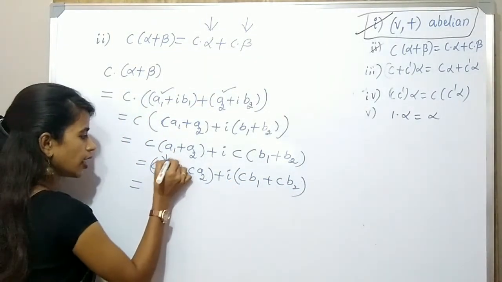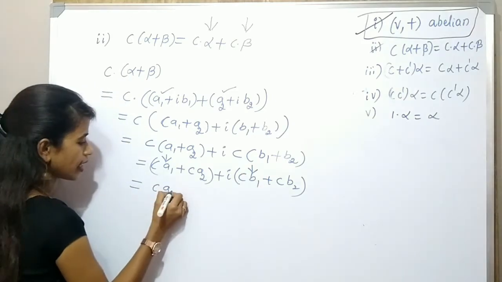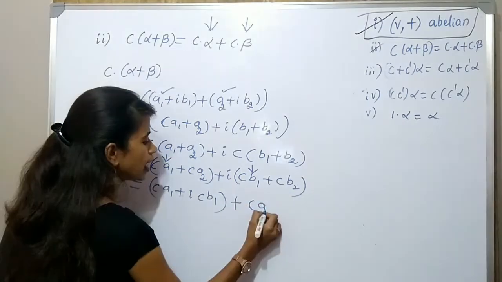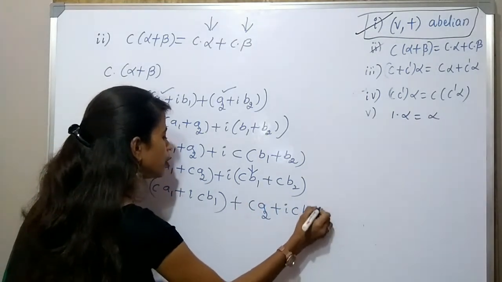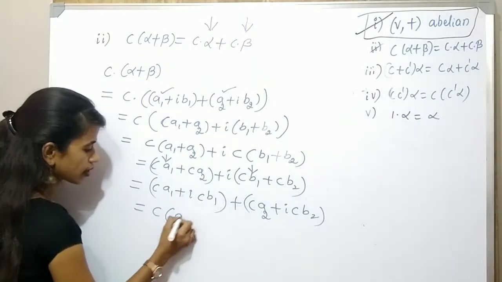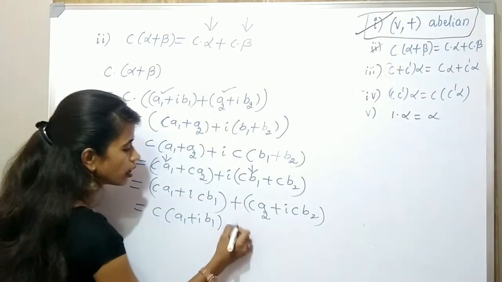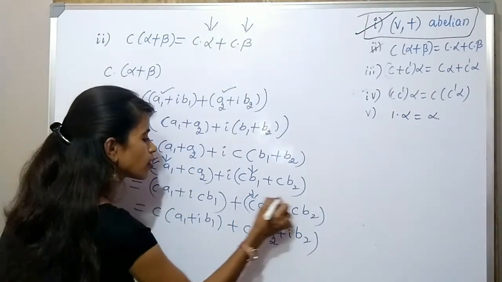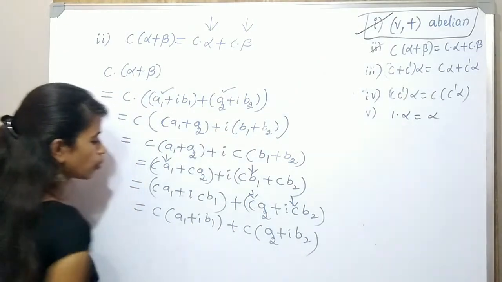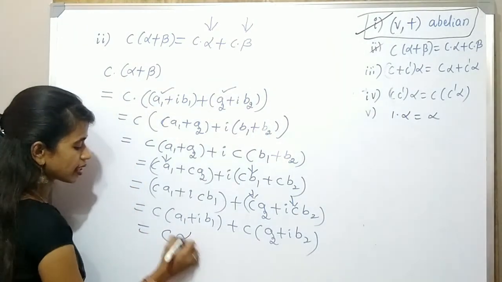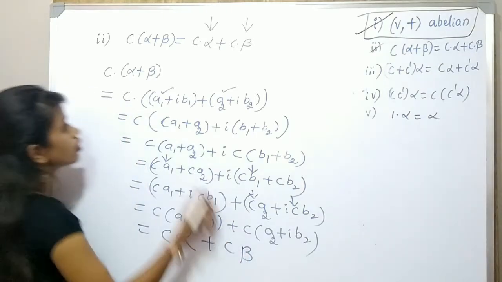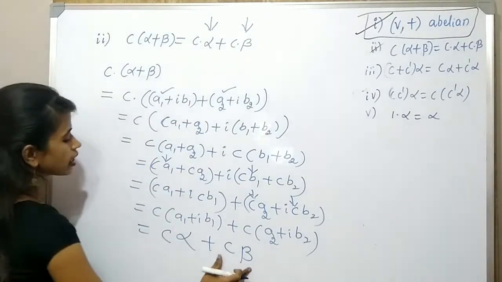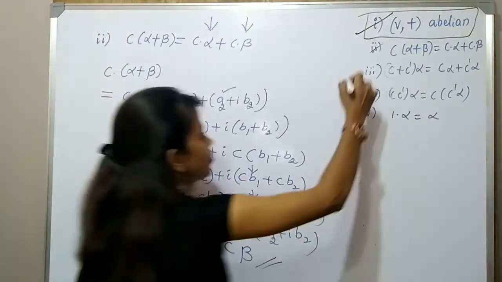So take cA1 together with cB1, and cA2 plus i into cB2. So here c is common, take that outside, we get A1 plus i into B1. Here also c is common, taking outside we remain with A2 plus i into B2. That is, A1 plus i B1 is nothing but alpha, this one is beta. So c dot alpha plus beta is equal to c dot alpha plus c dot beta. Okay, so this condition is over.